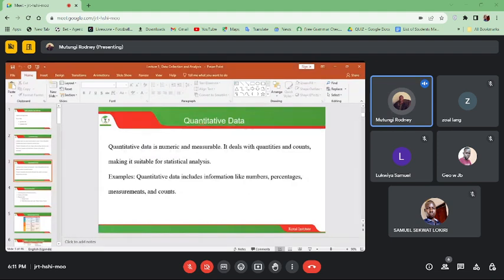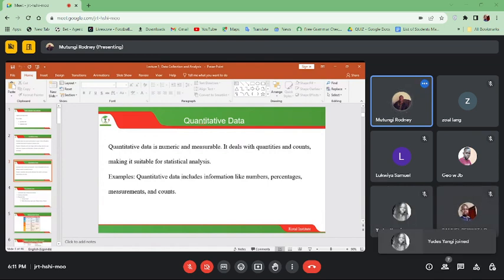Then when we talk about quantitative, this is the one which is numeric. So it can be quantified. You can assign this data numbers, you can put percentages, such things like age, height, weight.